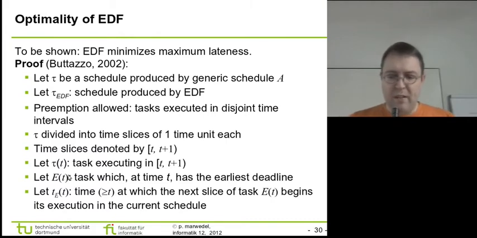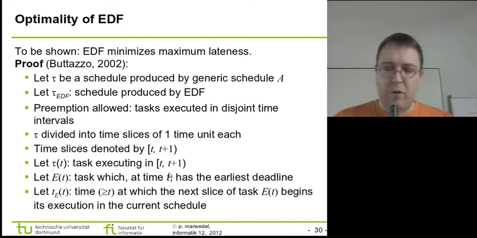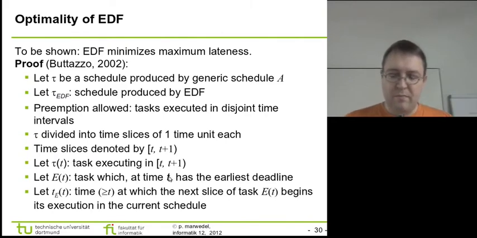And we define E of t to be the task which has the earliest deadline at the point in time t. Now, the time te of t is the point in time which is larger or equal than t, at which the next slice of the task E of t begins its execution in the current schedule.